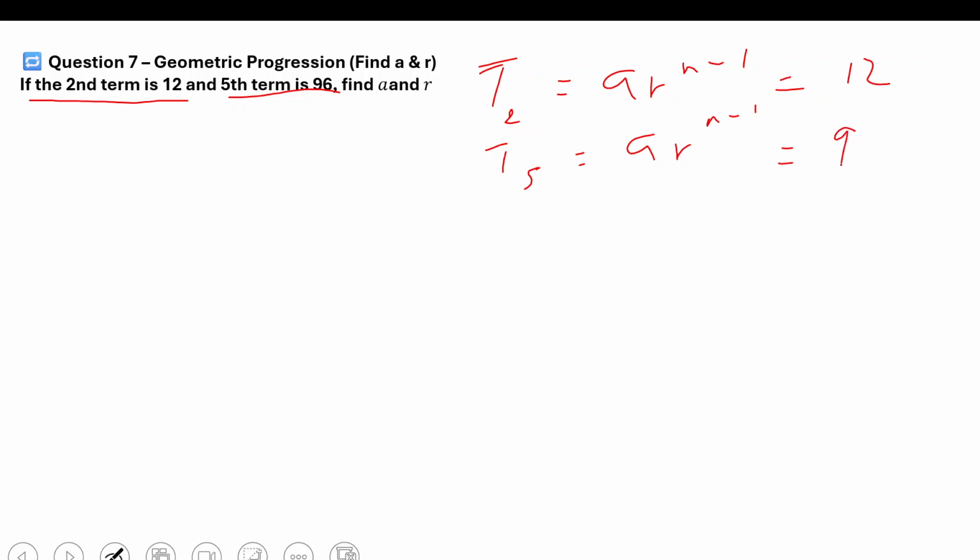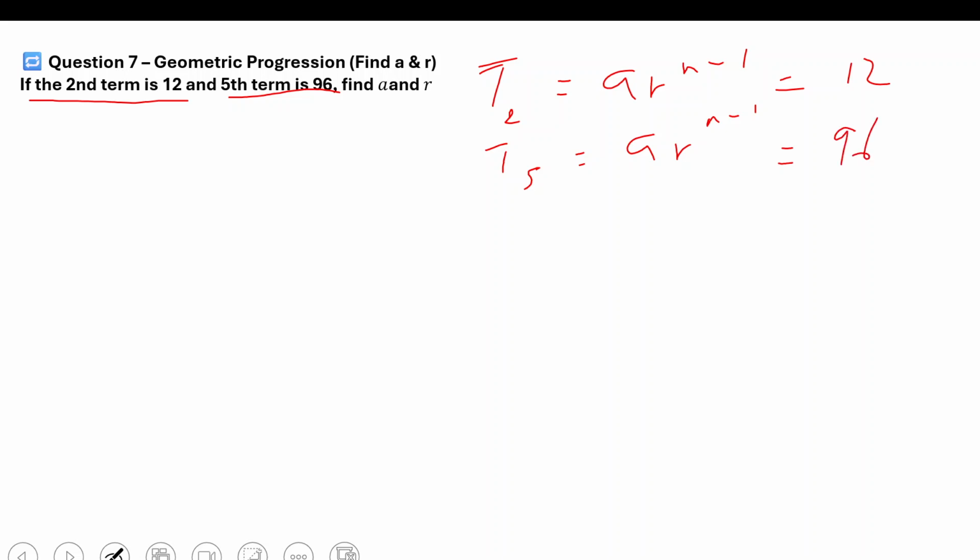So it says, if the second term is 12 and the fifth term is 96, find a and r. Okay, so this is the term T2, the second term, a r raised to the power n minus 1. So this one is 12, and T5 is a r raised to the power n minus 1, which is 96.